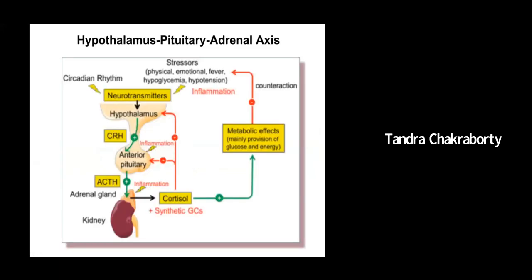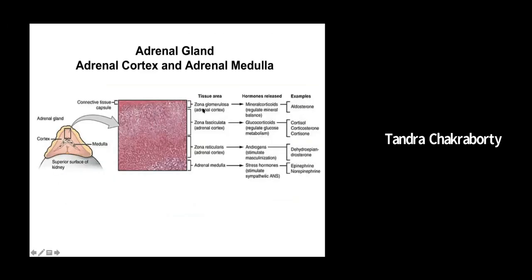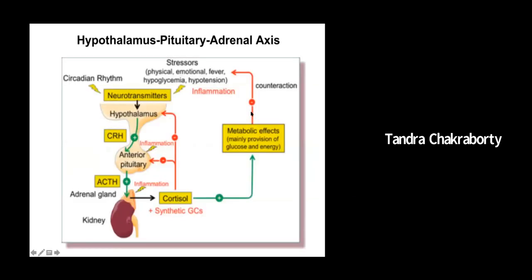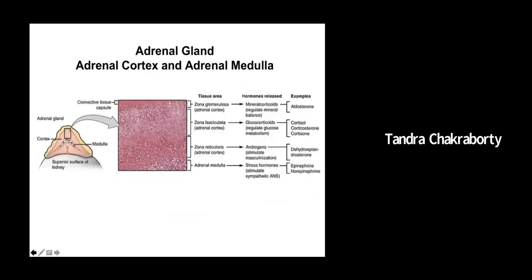They have different zones in here. You can see these are the different zones in here, and we'll learn about them. The outermost zone is immediately beneath the connective tissue capsule, which is known as the zona glomerulosa.